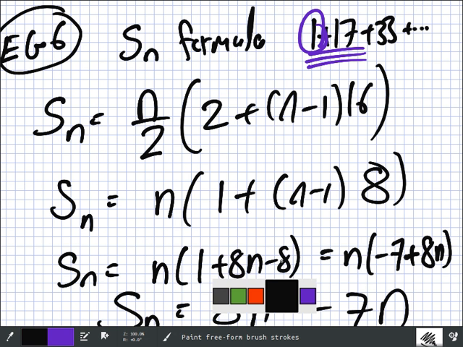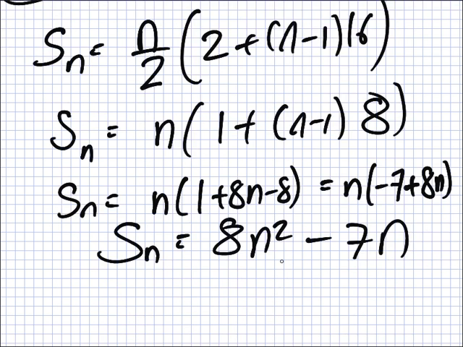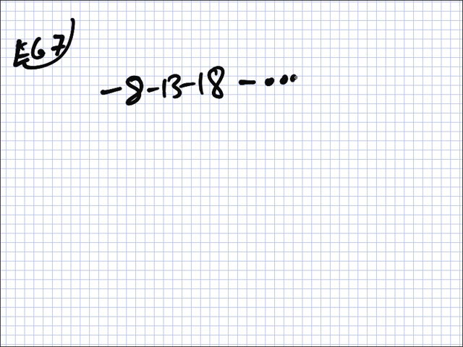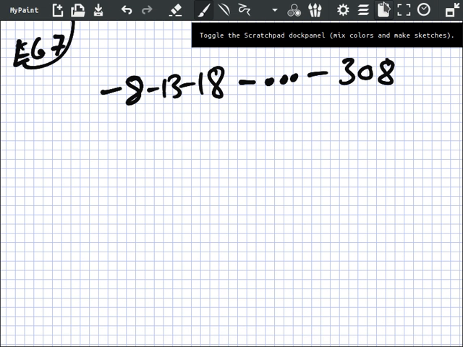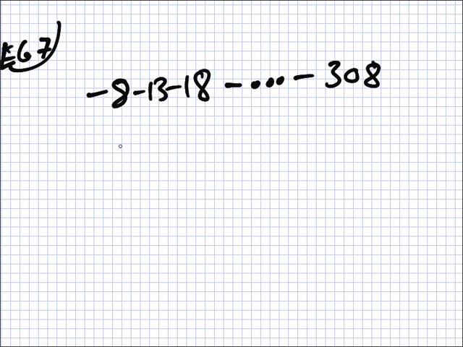Okay. Right, next example. Can I scroll down? Okay. Example 7. Minus 8 minus 13 minus 18 dot dot dot minus 308. Okay, I've done a few examples now. I think you can do this one. I'll give you a minute, see if you can get the answer for this. What do you need to do first? Find n.